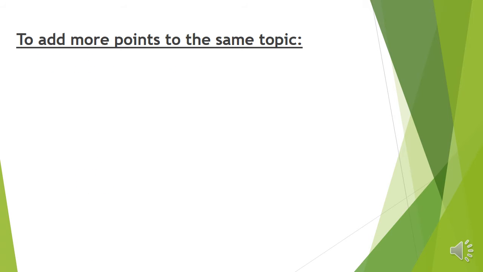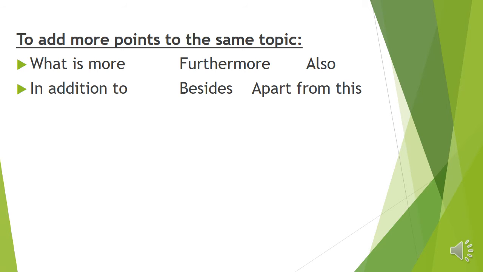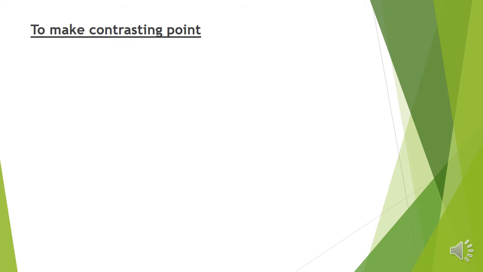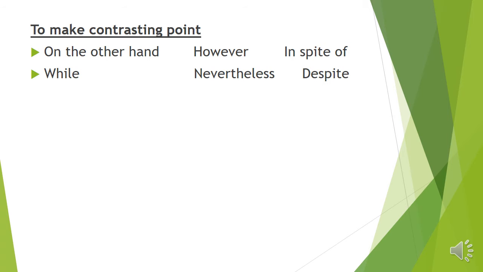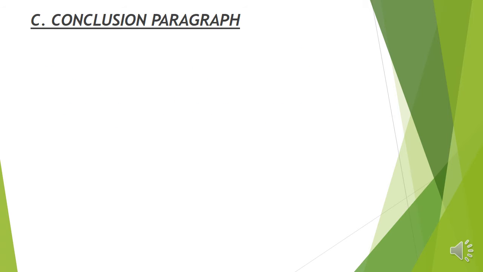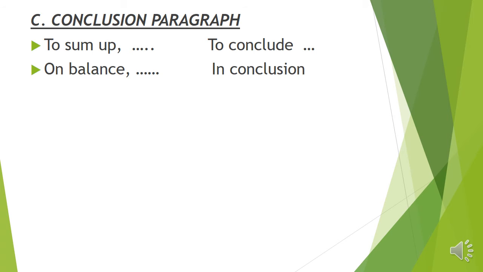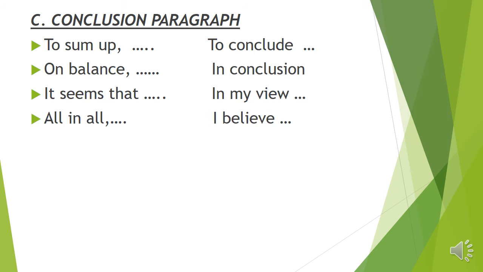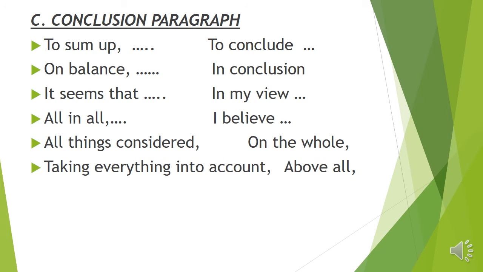To add more points, you can say what is more, furthermore, also, in addition to, besides, apart from this. To contrast points: on the other hand, however, in spite of, while, nevertheless, despite. Conclusion paragraph: you may say to sum up, to conclude, on balance, in conclusion, it seems that, in my view, all in all, and so on.